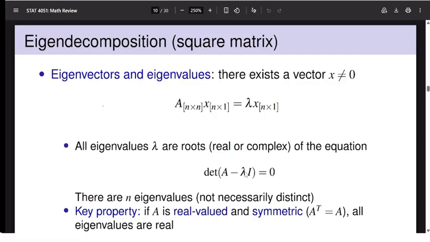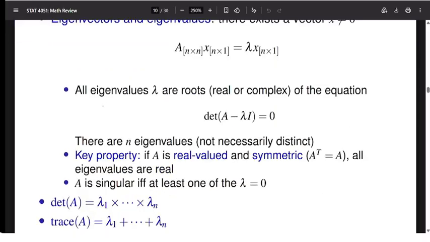At the end of the day, I'm going to figure out the values of lambda, depending on the dimension of A. If the dimension of A is 2 by 2, then I'm going to have two different lambda values, lambda 1 and lambda 2. If the dimension is 3 by 3, the lambdas will be lambda 1, lambda 2, lambda 3. I'm just letting you see that.